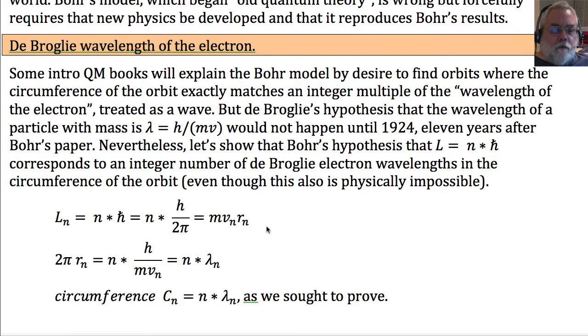If we rearrange the equation, we can get 2 pi r sub n on the left side, and we end up on the right side with n times h over m times v sub n. If we apply the de Broglie formula, we would get n times the wavelength lambda sub n. So on the left side we have the circumference 2 pi r sub n. On the right side we have an integer times the de Broglie wavelength, just as we sought to prove.